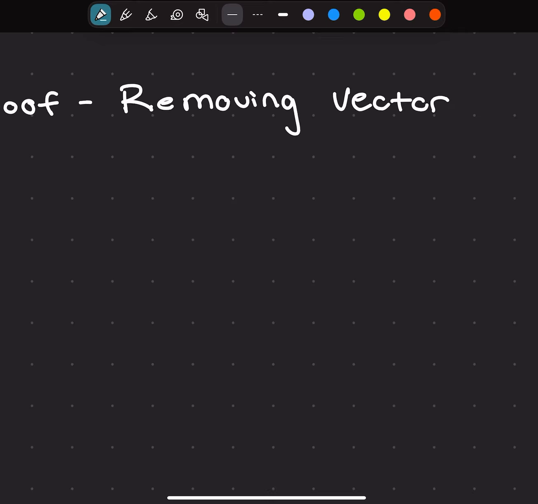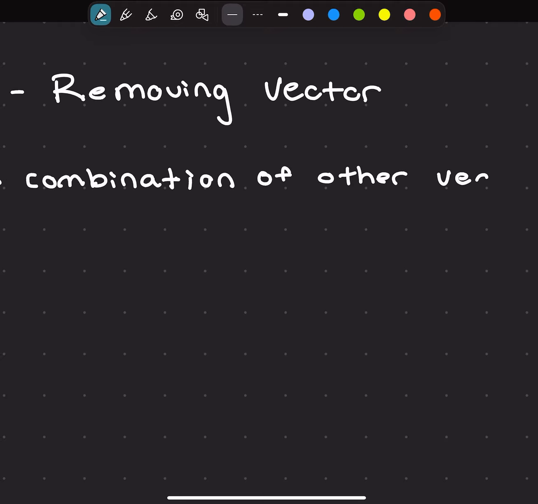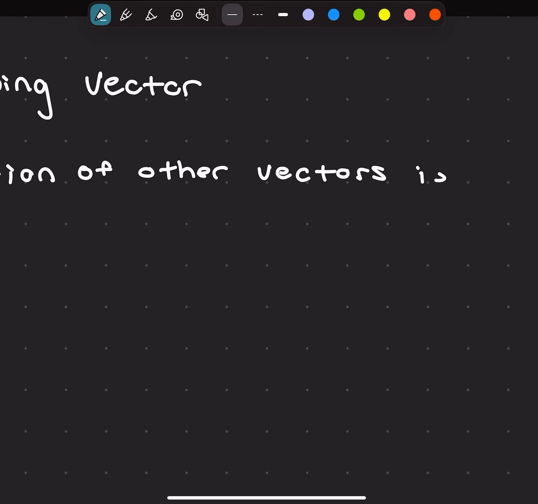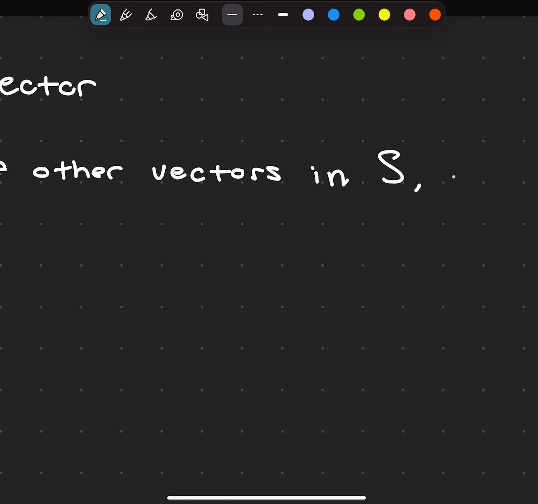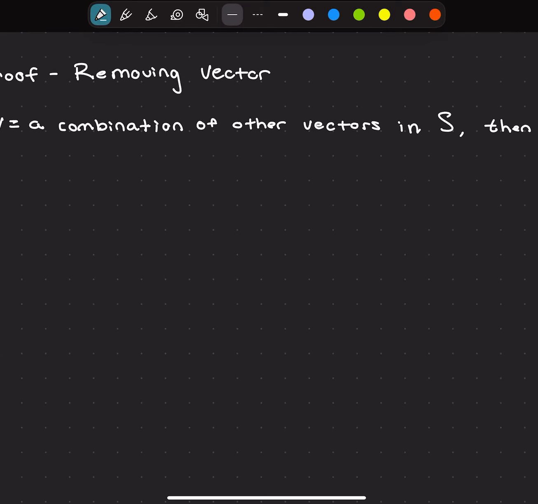When removing a vector, we want to prove that if V is a combination of other vectors in S, and only then do we know removing vector V does not change the span.